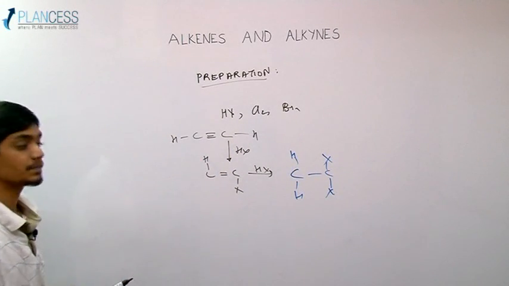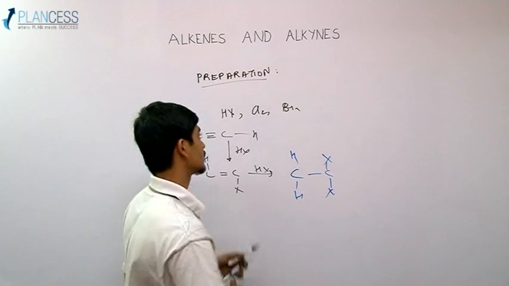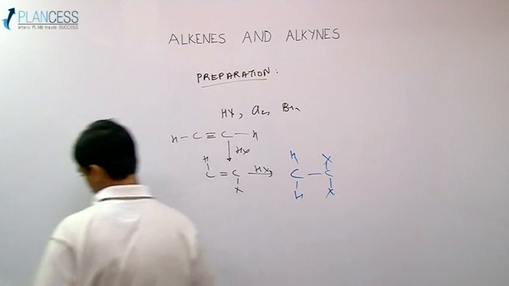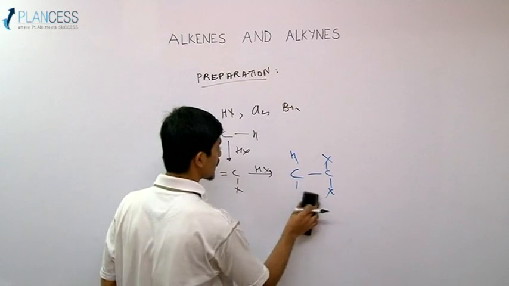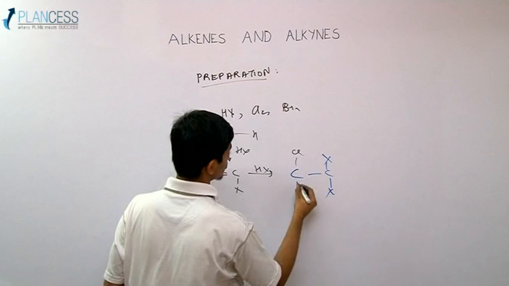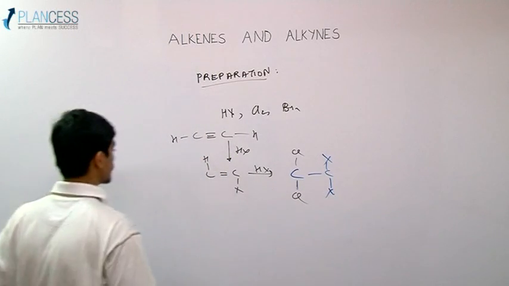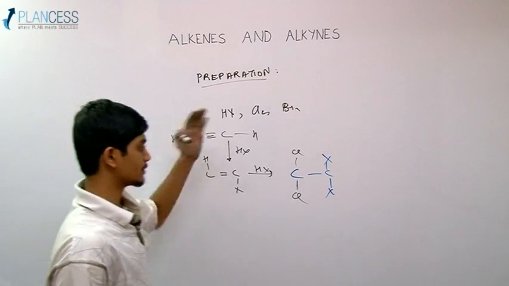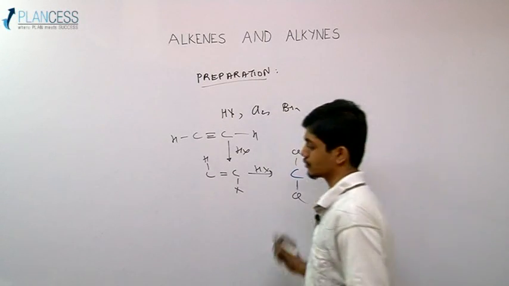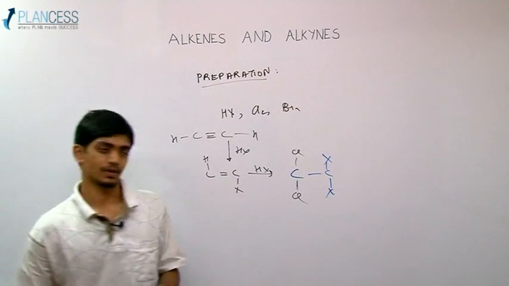So you get gem dihalides with HX. Similarly with Cl2, you will get all the 4 Cls over here. That is, all the 4 atoms would be the halogen atoms itself. Halogen, halogen, halogen, halogen, everywhere. Similarly with Br2. But there is a slight difference with Br2 when you do the addition.